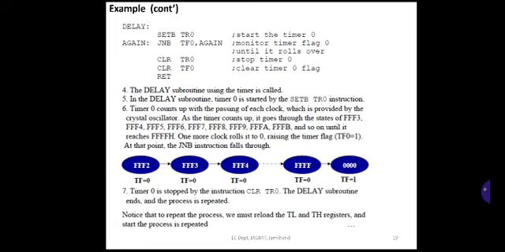We have loaded the value FFF2H into TL and TH. Observe the figure here, FFF2 is the first value that we have loaded into the TL and TH register. What happens here is that timer 0 counts up with the passing of each clock which is provided by the crystal oscillator, that is 11.0592 MHz, the frequency of the crystal oscillator.